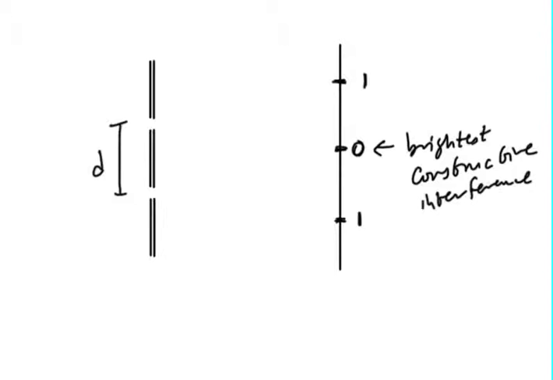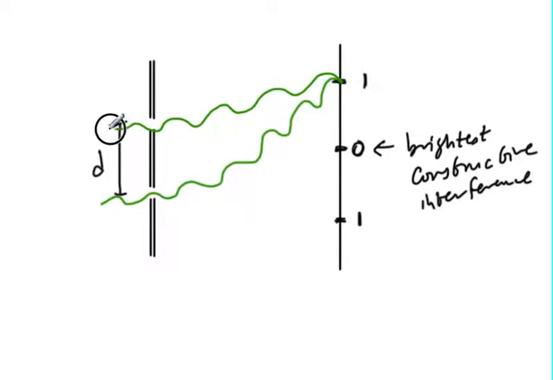What happens is that this constructive interference, I'll use green for this, goes like that, and then we have another constructive interference over here that goes like that. If we draw an angle that connects these two, let's call this angle theta.